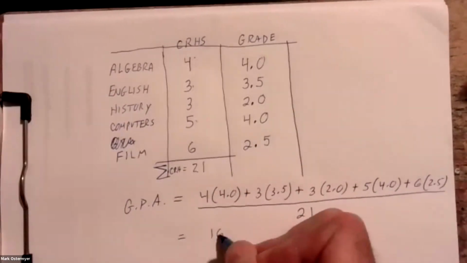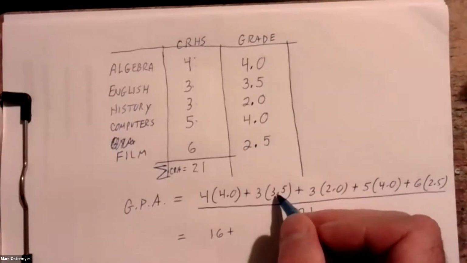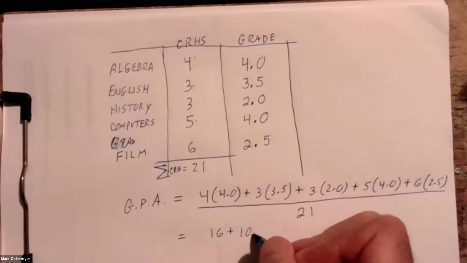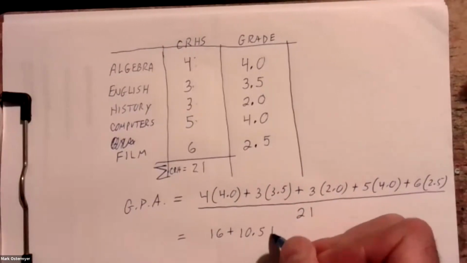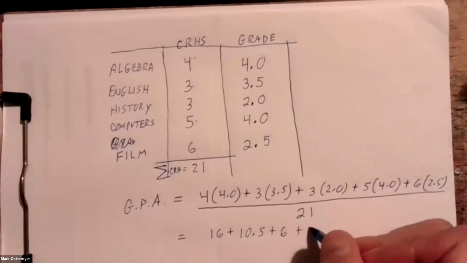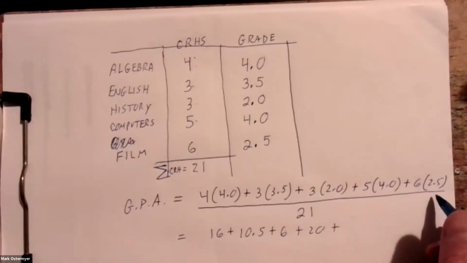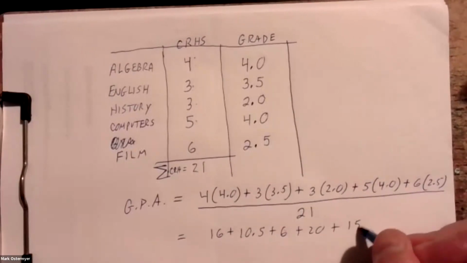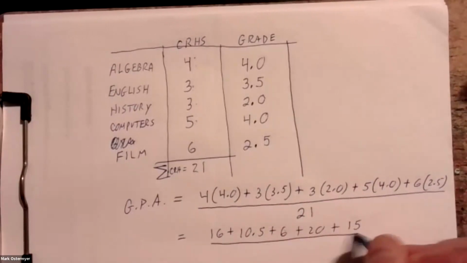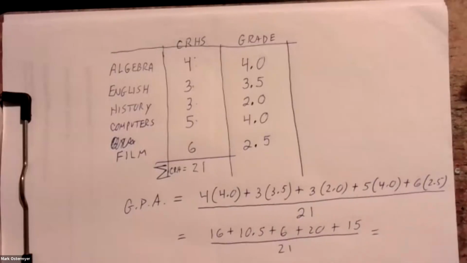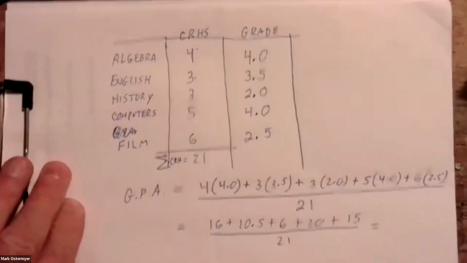This is going to be 16. It's going to be 10.5 plus 6 plus 20 plus, let's see, 15, I believe. Divide that by 21. And what do we get? So what would be our grade point average for this term?